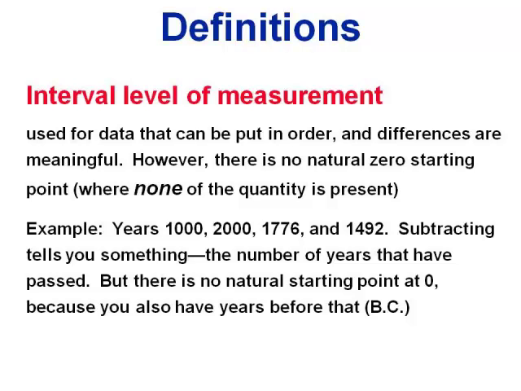There's no natural zero starting point because you can go both positive and negative. Years are another example because you can go negative, which would be the BC years. With these, you can subtract to figure out how far apart things are, but you can't say that 1 year is twice as many as another year. You can't say that 20 degrees is actually twice as hot as 10 degrees, but you can do some numerical calculations.